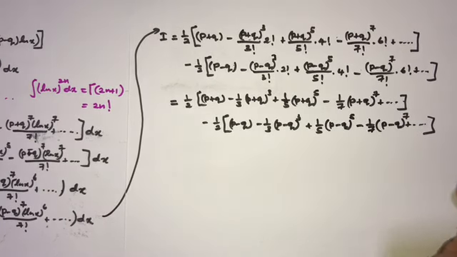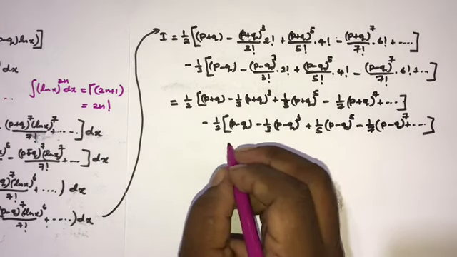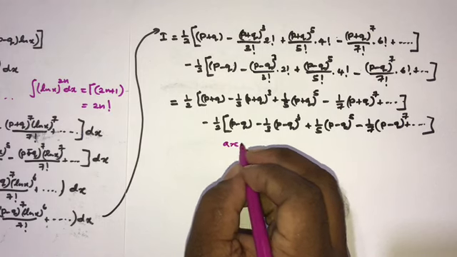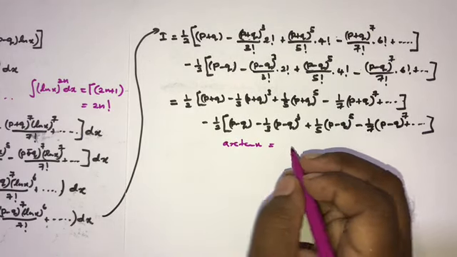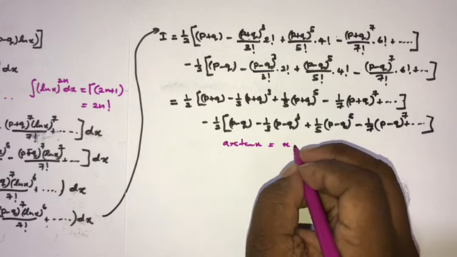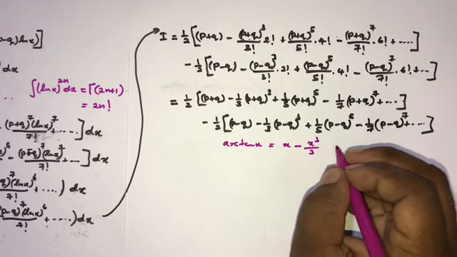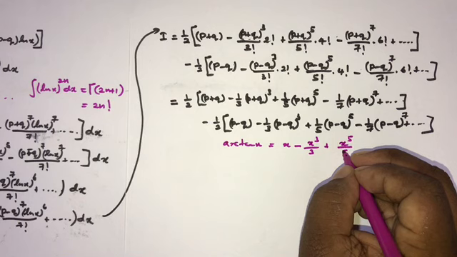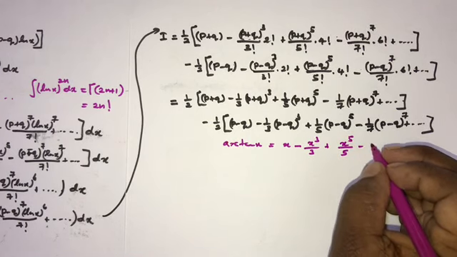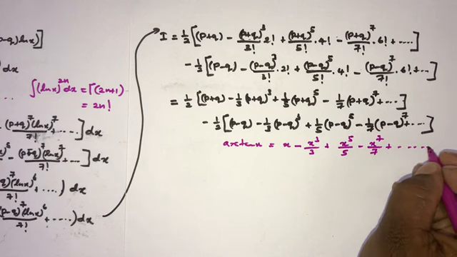Okay, then we know the expansion of arctan of x, so we can write arctan of x is equal to x minus x raised to the 3 power over 3 plus x raised to the 5th power over 5 minus x raised to the 7th power over 7 plus so on.